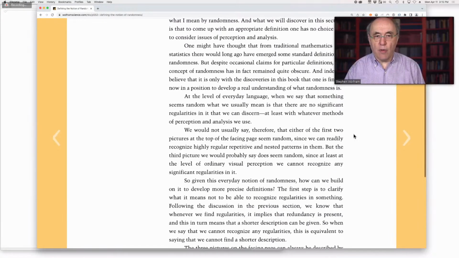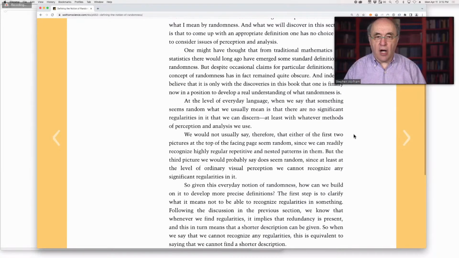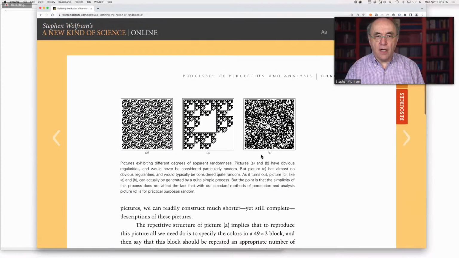And when we have a concept like randomness, it starts as a notion of everyday language. I say here, at the level of everyday language, when we say something seems random, what we usually mean is that there are no significant regularities in it that we can discern, at least with whatever methods of perception and analysis we use. So I'm looking here at these pictures, and I'd say that for these first two pictures, we wouldn't have said they're random because, with our visual system, we can readily discern patterns in them.